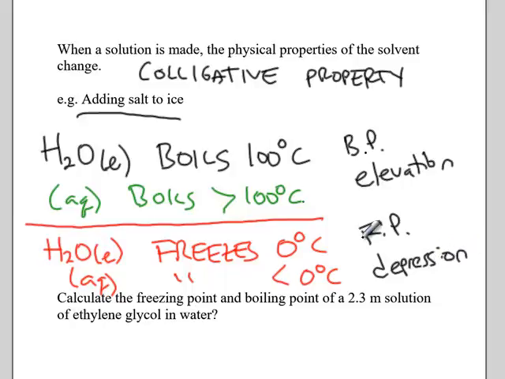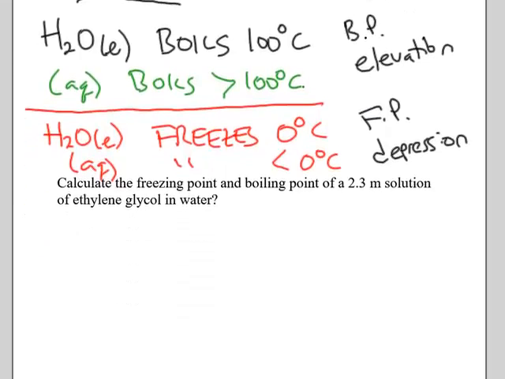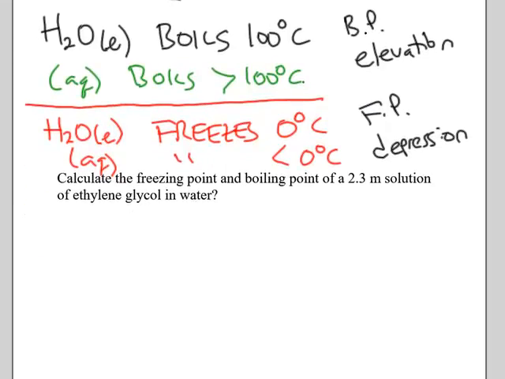The freezing point always goes down when you make a solution, and the boiling point always goes up when you make a solution. And the amount that it goes up or down we can calculate if we know little m, the molality of the solution.